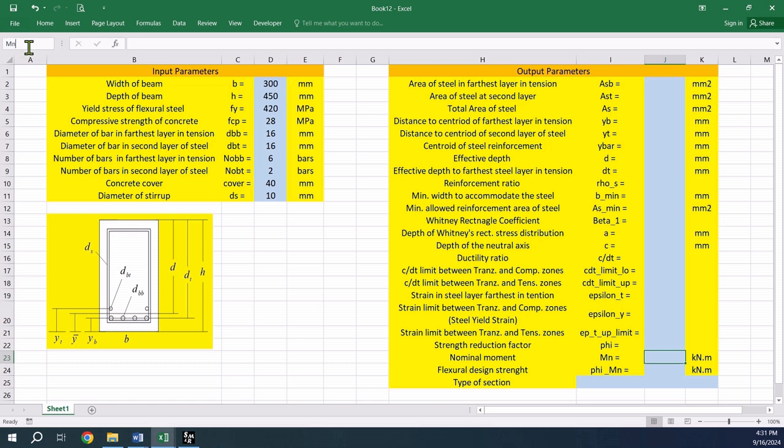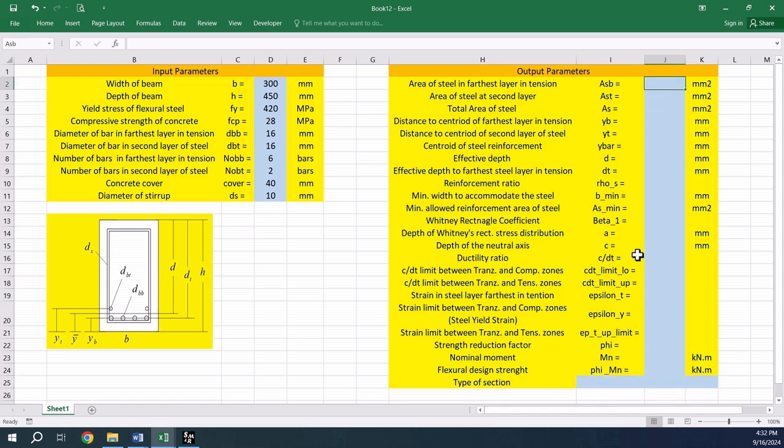This one here is Mn, the nominal moment or the nominal strength, and the last one here will be phi underscore Mn, which is the design strength, or phi times Mn. For the last merged cell here, I will give it the name S type, standing for section type. Here we will display whether the section is adequate or inadequate. Double enter, and there you go.